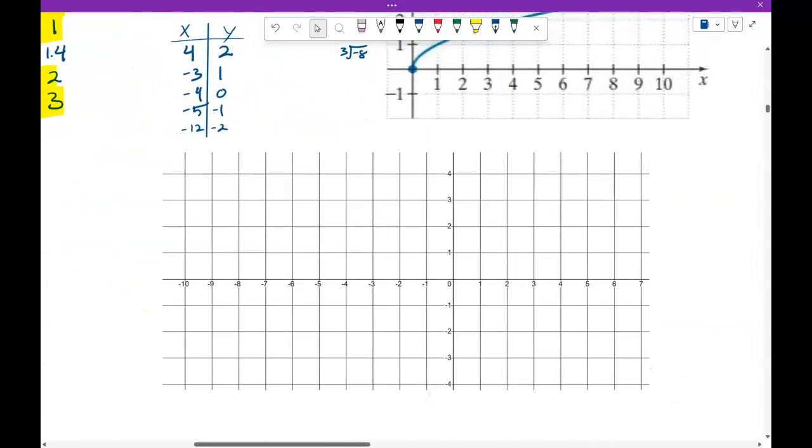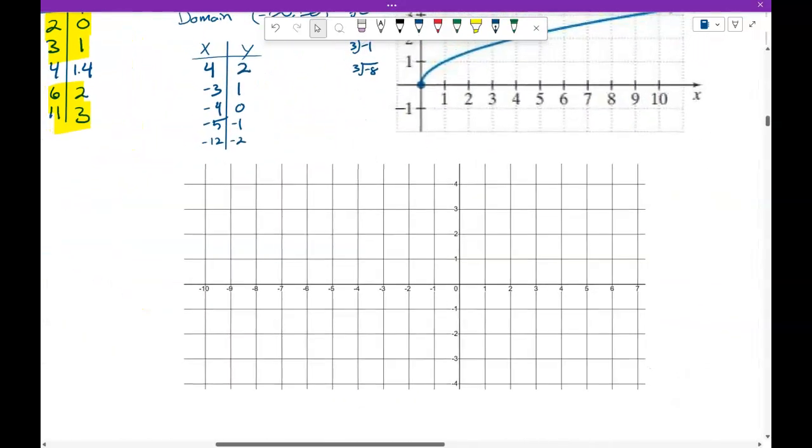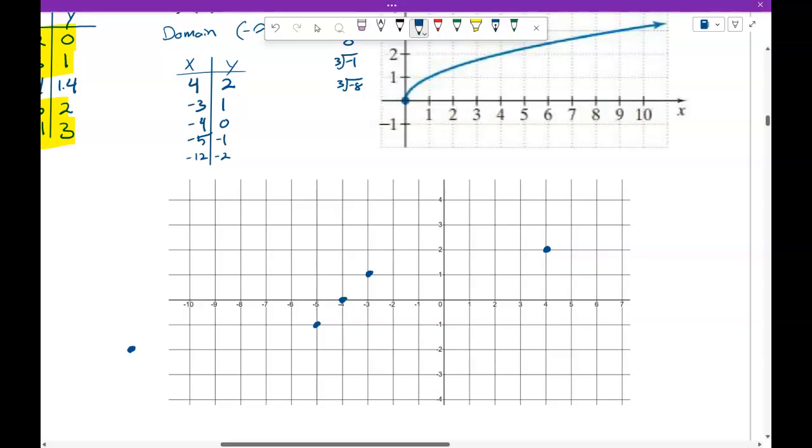And so let's plot those points. We start at (4, 2). That was our first one here. And then we go (negative 3, 1), (negative 4, 0), (negative 5, negative 1), and it's going to be a little bit off the grid, but we've got (negative 12, negative 2). We see in this part here, we kind of have a straight line, but then we have that bend going off to the side.